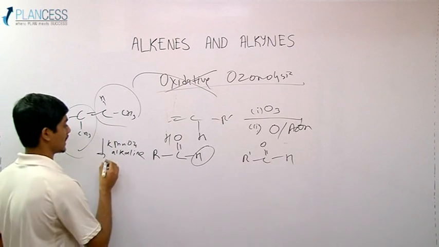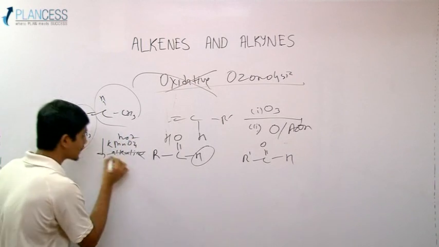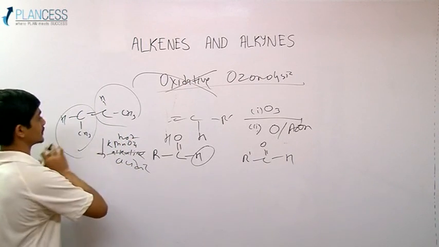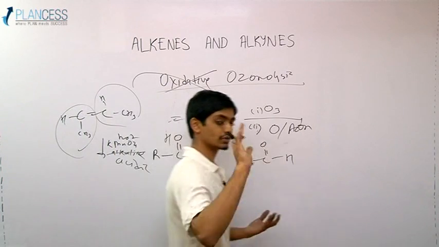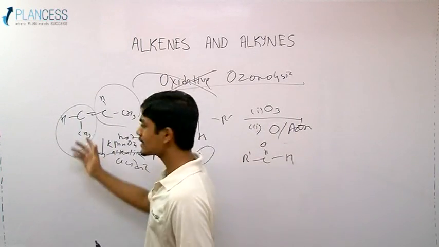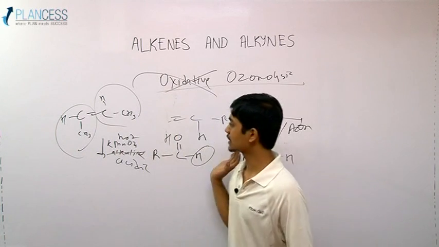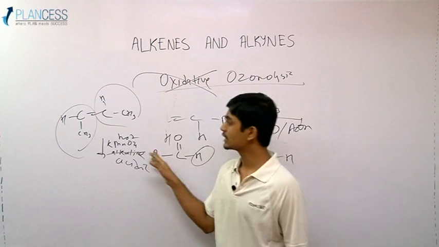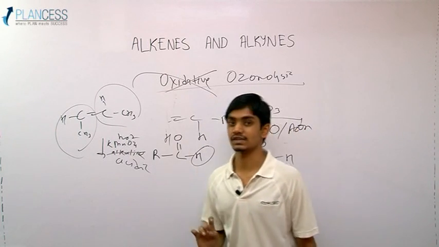But suppose I add hot acidic KMnO4, then in that case we don't get the aldehydes, it goes to the farthest level, that is the carboxylic acid. If it is a ketone, no problem, we will get the ketone. And in neutral medium also, it does not act as a very high oxidizing agent.